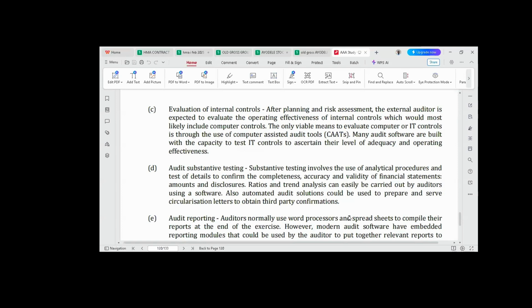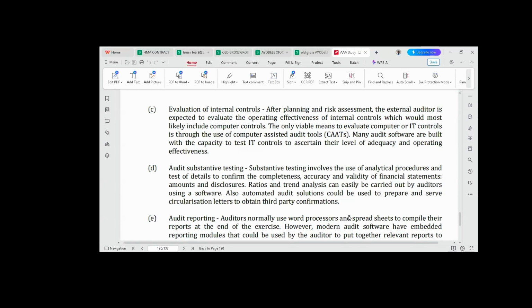Sometimes that report takes time because it has to collate, interpret, and analyze the audit evidence obtained. But with the use of the audit software now, it makes it easier. What they need to do is just upload all the audit working papers on the audit software and give specific instructions to the audit software.